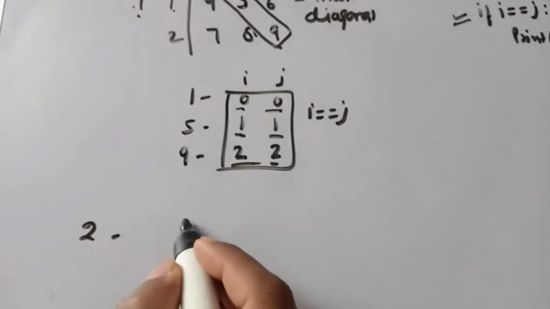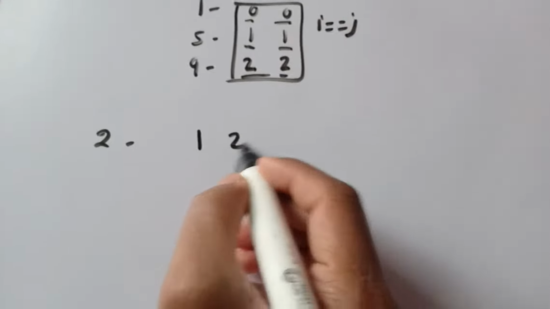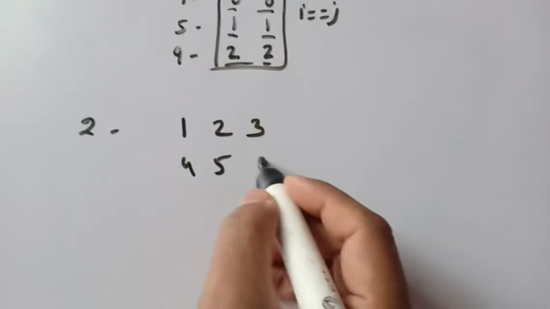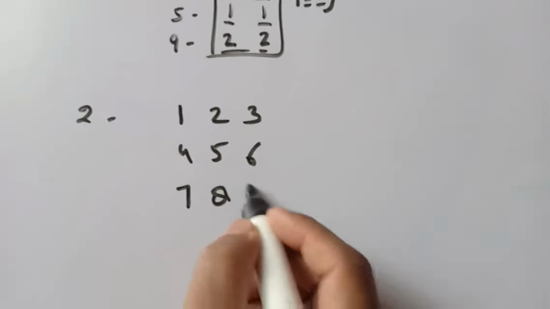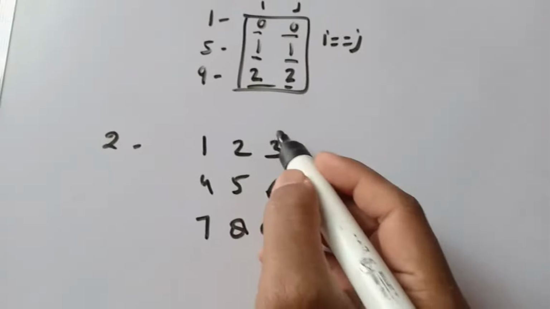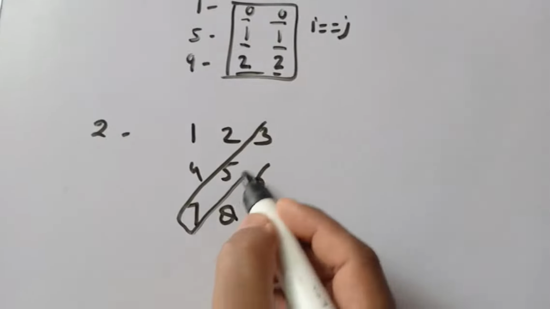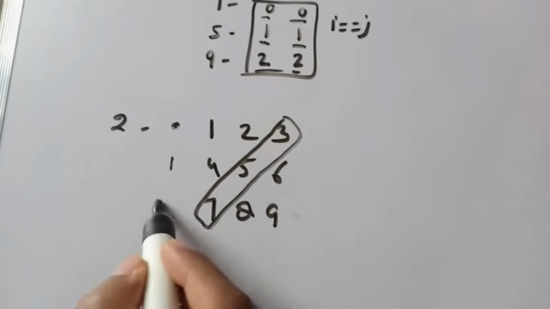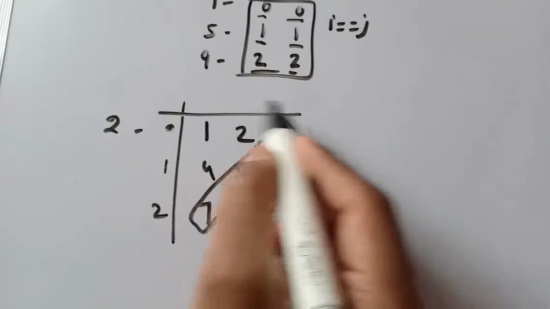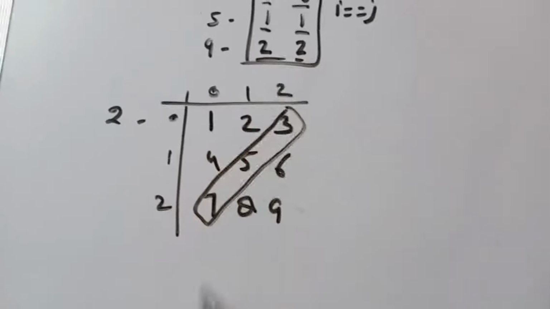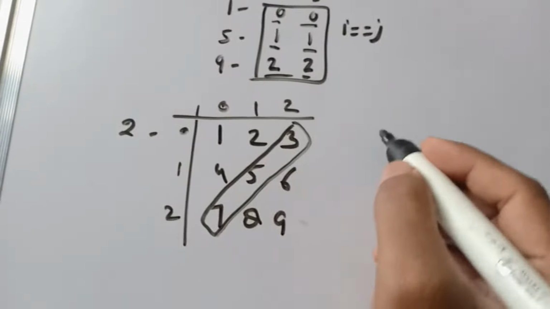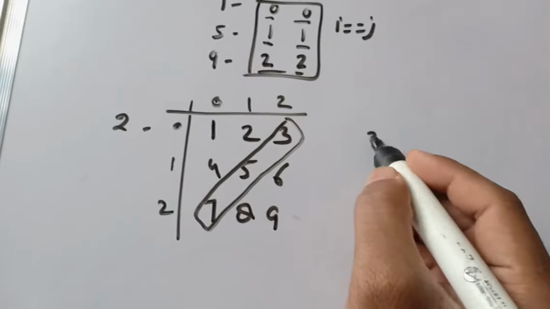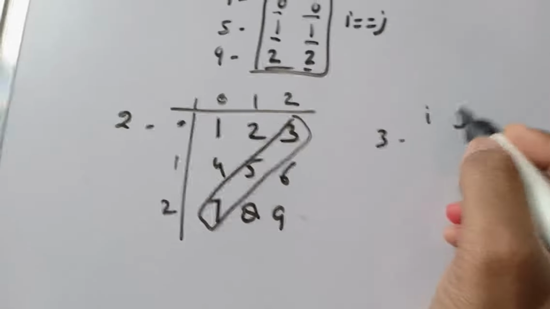Second problem. I am writing the matrix again. In this case, we need to find these three elements. Again, the addresses of the values: I address, J address.